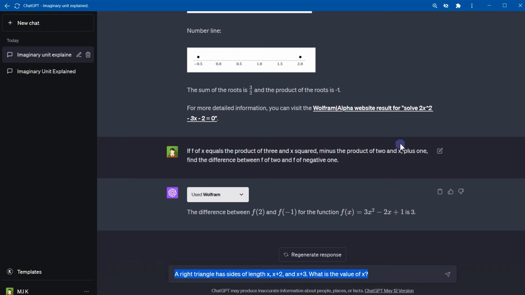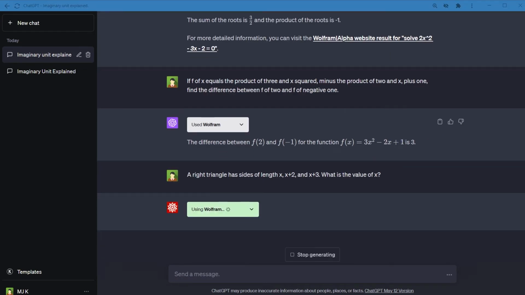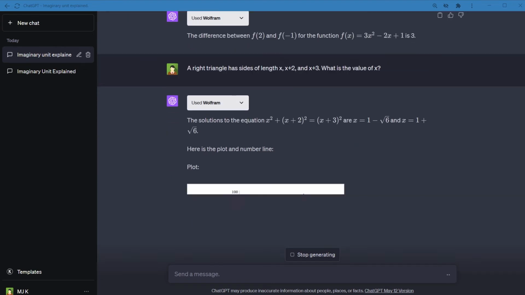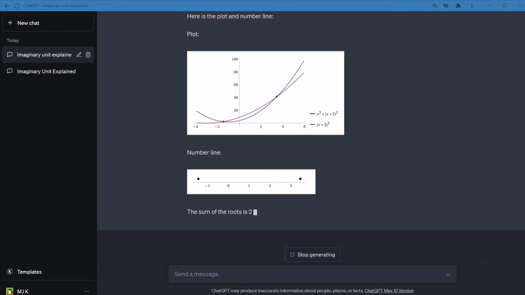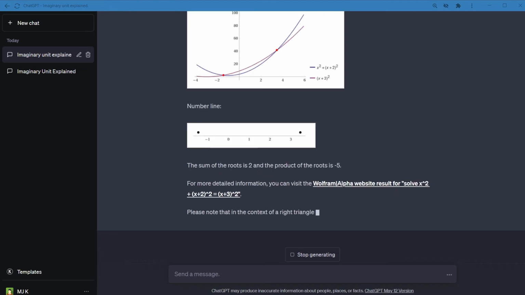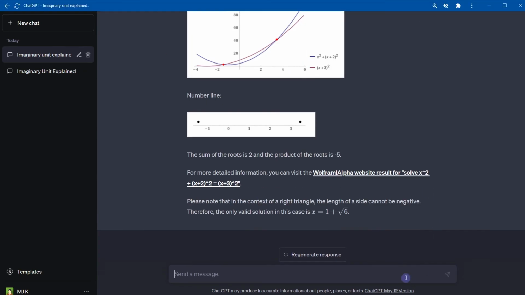A right triangle has sides of length x, x plus 2 and x plus 3. What is the value of x? The sum of two numbers is 15 and their product is 56.